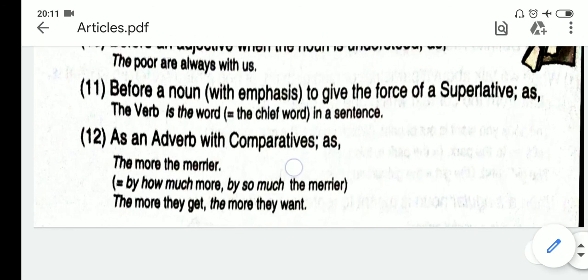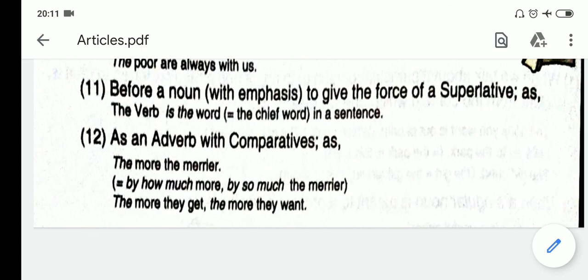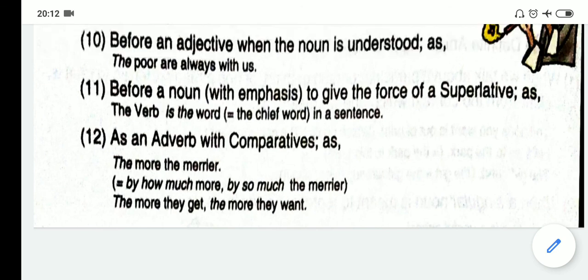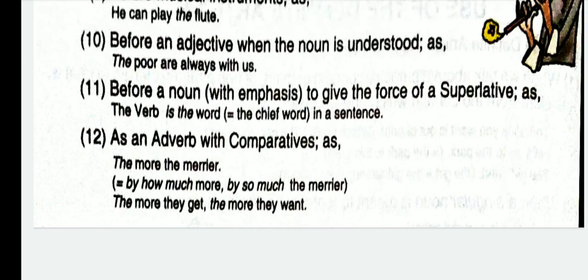And last is as an adverb with comparatives. As an adverb with comparatives. For example, the more, the merrier. In this case, the is used as an adverb. Comparatives, comparative degree. The more, the merrier. The higher, the cooler. Right? The more they get, the more they want.